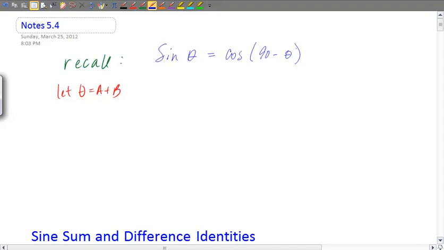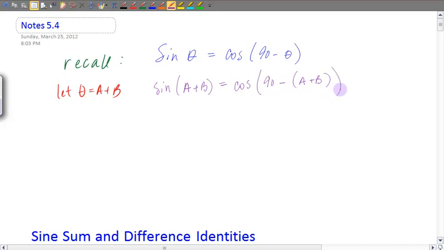Well, let's just suppose that we want to let theta be equal to a plus b, where I'm adding two angles a plus b. So I could rewrite the left-hand side so that it looked like the sine of a plus b, because I'm substituting a plus b in for theta, and I'm going to rewrite that on the right-hand side, the cosine of 90 minus a plus b.